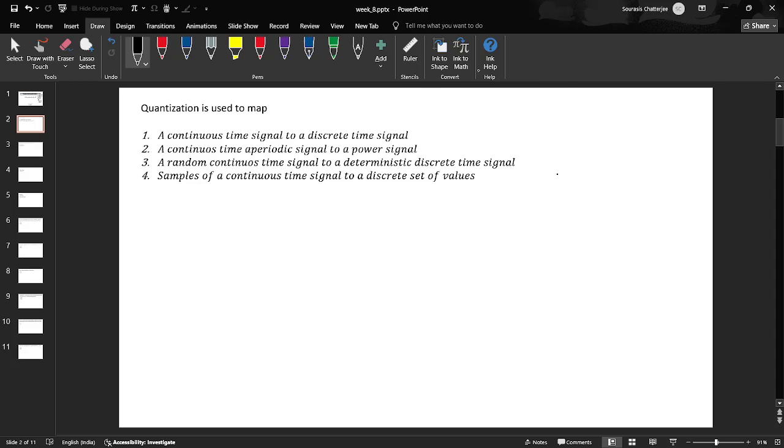When we talk about analog to digital conversion, what we actually did is something of this sort. Let's assume this is my original message signal, which is of course analog, continuous.